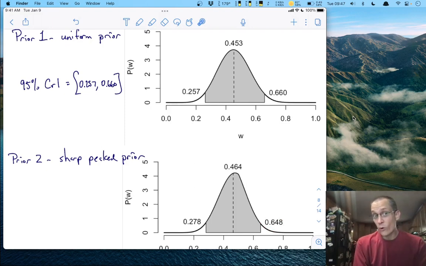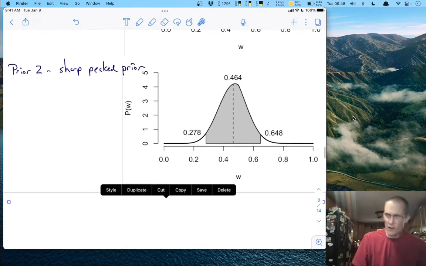What that means for us is that uniform priors don't give you as much what's called regularization, or as much shrinkage towards your estimate, as a more considered prior does. So I would caution you against using uniform priors in practice. But I'm getting beyond the point of this. Right now, the point is just to notice that the prior has an impact on your estimate. The medians are different, as well as the 95% credible intervals.